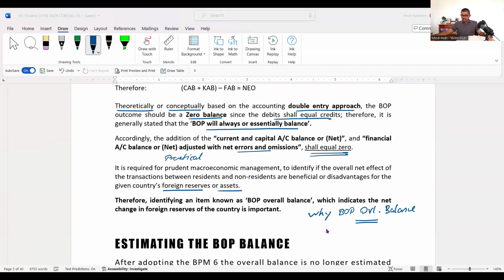Okay. So basically, if you ask yourself why the BOP overall balance is required, then we could say it is to identify the impact of a country's economic activities with the ROW on foreign reserves or foreign assets.